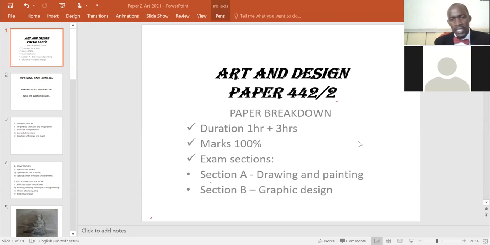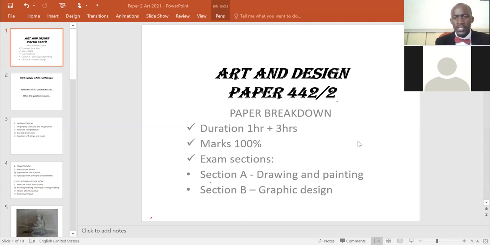Now, as we mentioned yesterday, the paper is purely a practical paper. The duration is 1 hour for the sketches, to do the sketching, and 3 hours to do the complete work. In terms of marks, the paper is marked out of 100%. The paper has mainly 2 alternatives or sections.